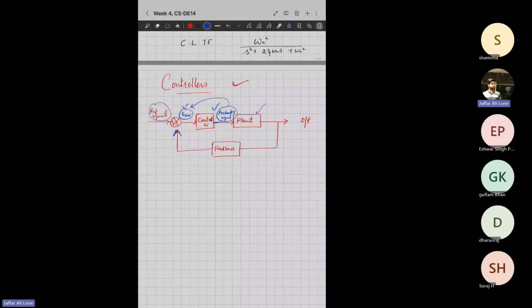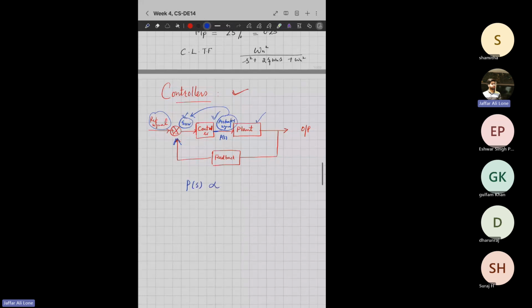Let's assume my actuating signal is P of S. If this actuating signal P of S is directly proportional to my error E of S, then I can also write it like this, with some proportionality constant. Perfect. So if my actuating signal is directly proportional to the error, then the controller is called proportional controller.